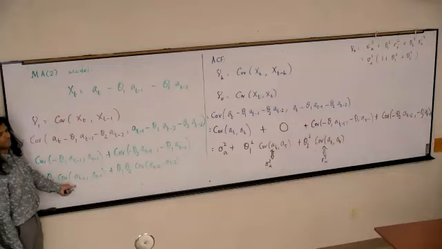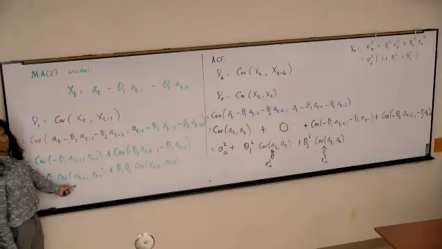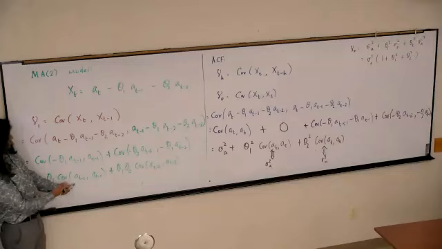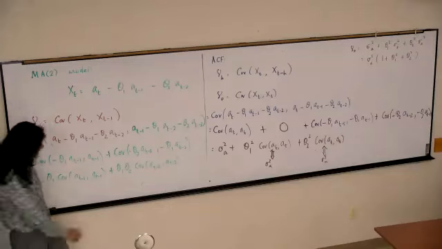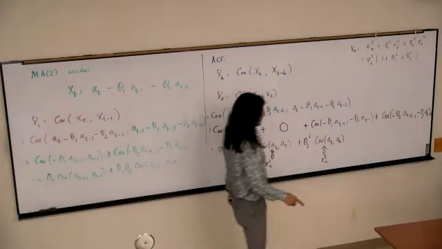What is that? It is sigma squared a, the variance of a_t minus 1, and the variance of a_t minus 2.